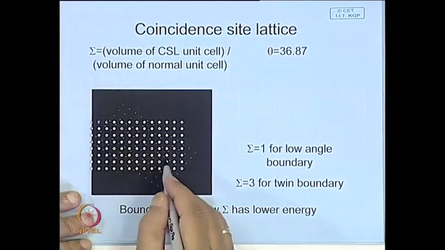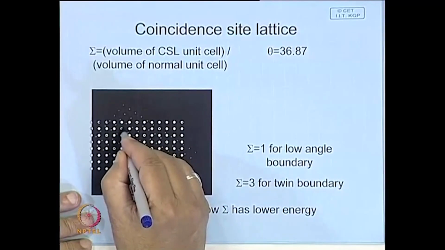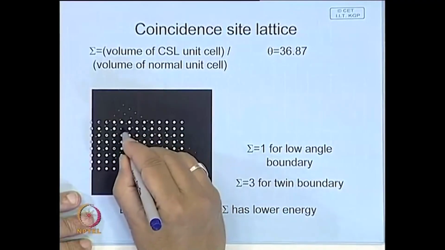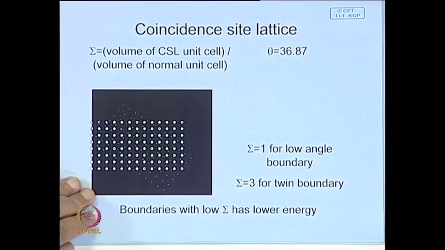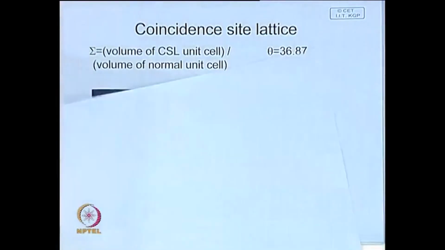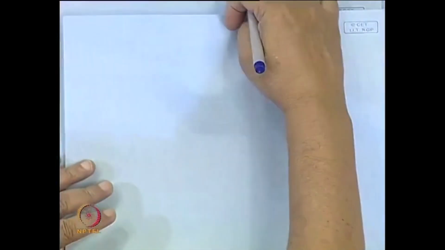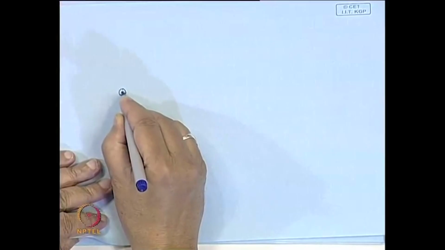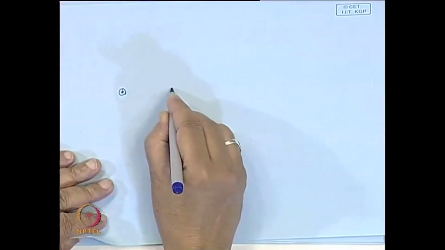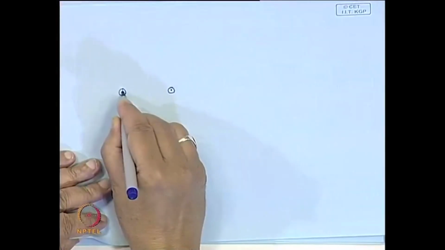Now, in some places you will find the two points are coincident, like here. If you join these coincident points, you generate the coincidence lattice, which is something like this.